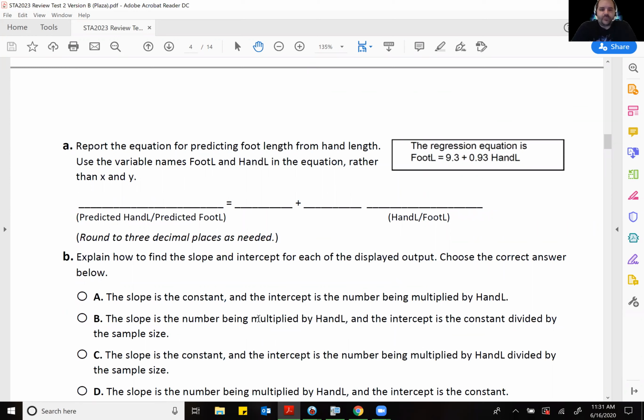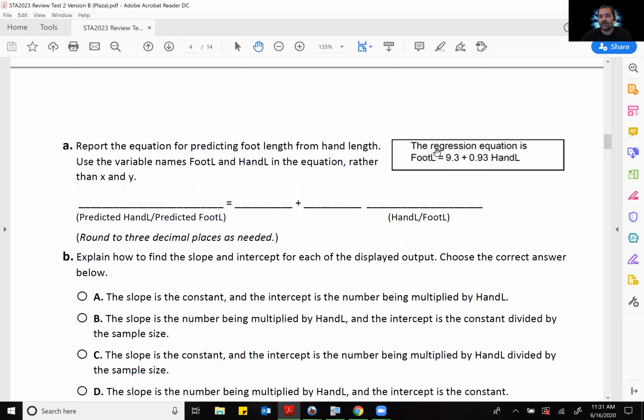So first things first, part A, they want us to report the equation. Is this first blank predicted hand or predicted foot? Should be predicted foot, absolutely. Look at your equations here.